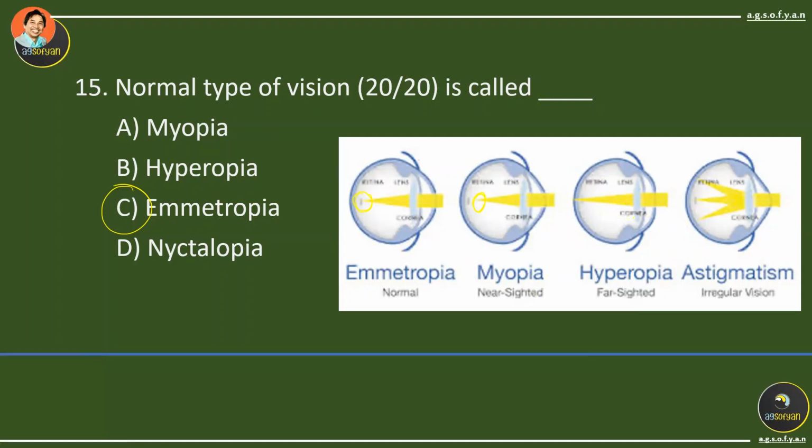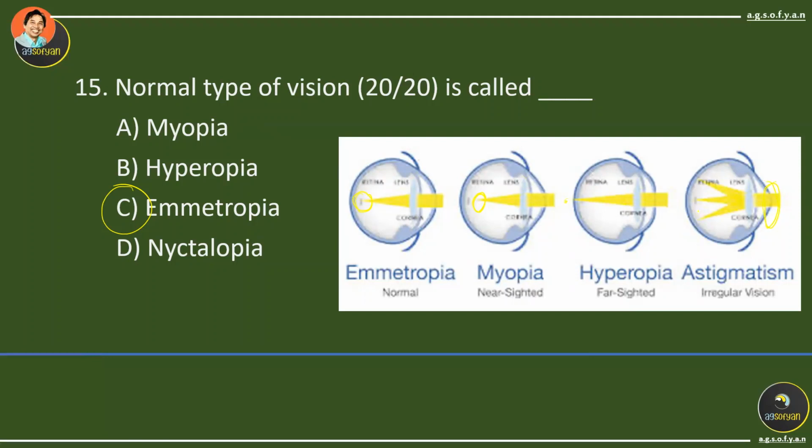Hyperopia, farsightedness, is when the object goes behind the retina. Therefore you have to move back in order to see the clear object. This is hyperopia. Astigmatism is caused by the irregularity of the cornea.